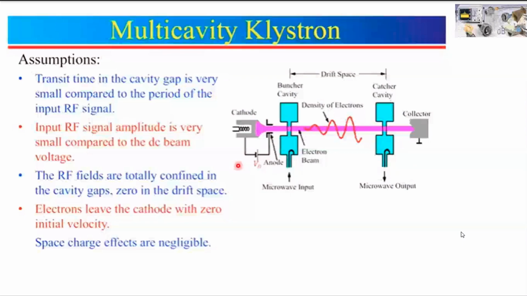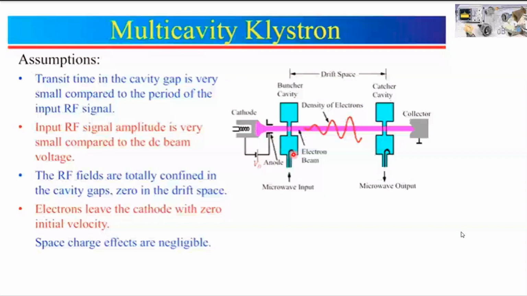Because of this velocity modulation, electrons form bunches. I will show you this entire phenomenon in a graph. Because of this velocity modulation, electrons form bunches as they drift down the tube, and this is called bunch formation. The bunches of electrons come out of this cavity.